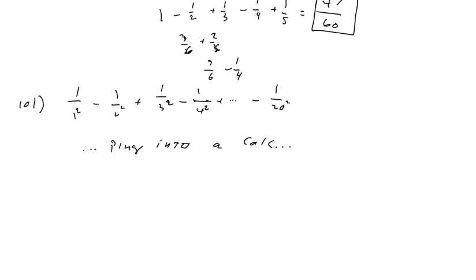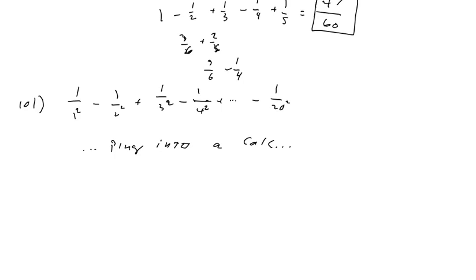If I was to do this in Desmos, 1 over 1 squared, minus 1 over 2 squared. See how it gives me the answer down there. Plus 1 over 3 squared, minus 1 over 4 squared, plus 1 over 5 squared, minus 1 over 6 squared.